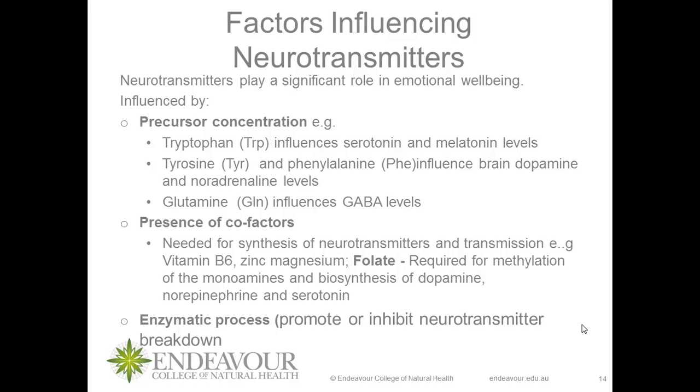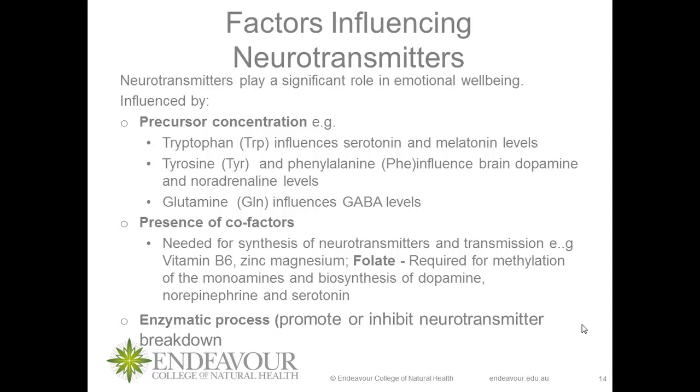So macronutrients: tryptophan, the amino acid, influences concentrations of serotonin and melatonin in the CNS. Tyrosine, another amino acid, and phenylalanine both influence levels of dopamine and noradrenaline in the brain. Glutamine, an amino acid from the diet, can influence levels of gamma-aminobutyric acid in the CNS.